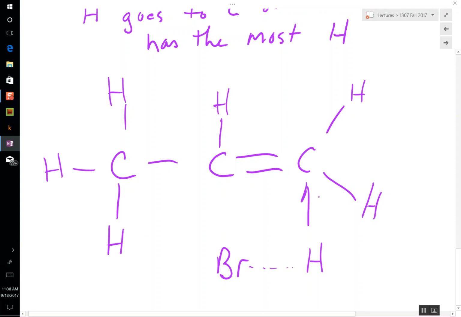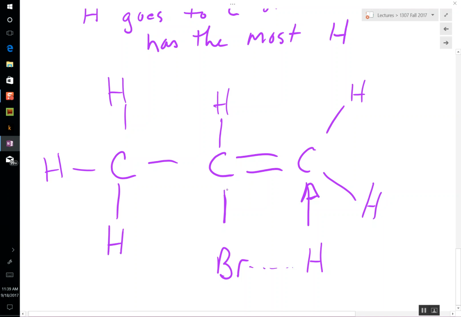So same Markovnikov's rule applies, whether it's water or hydrohalogens. The hydrogen goes to the carbon with the most hydrogen, and the bromine would end up right there. So if you added hydrogen bromide to propene, you would get 2-bromopropane. The major product would be 2-bromopropane.